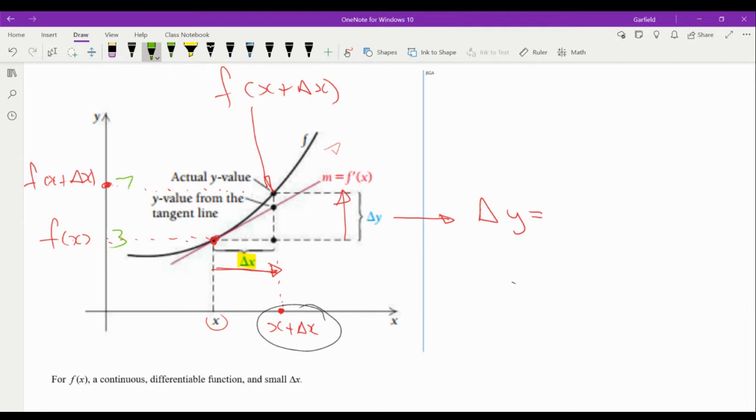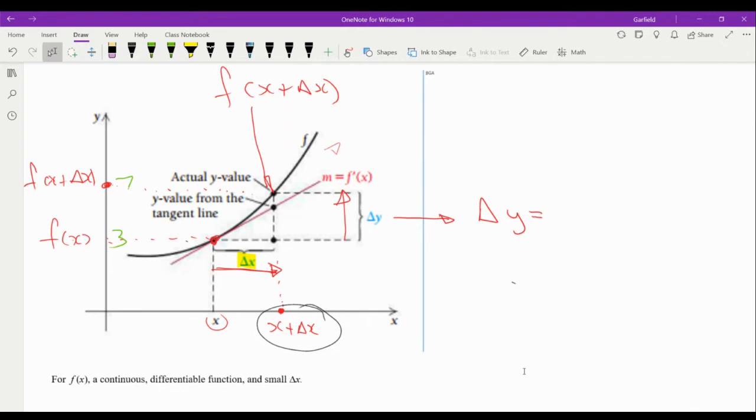So what's our delta y equal to now for those two values in red? What do we have, Martha? You can turn on your mic, you know that.